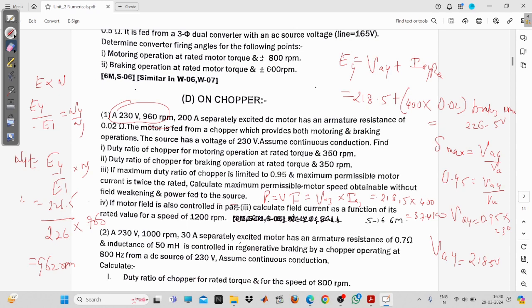Here the field current is also controlled, and you will have to calculate it. I'll give this sub question as homework. This is very simple, and if you are able to do this, then you will be able to easily solve this fourth bit.